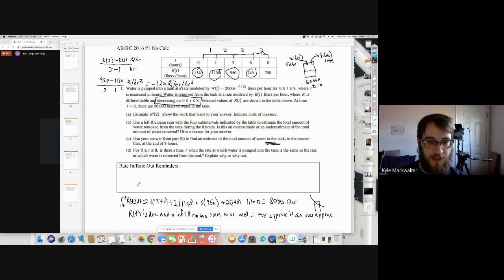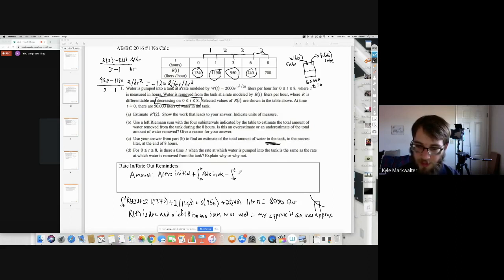So here's our reminder. For these total amount problems, if we're measuring the amount of something, we'll call it A(t). It is going to be equal to the initial amount plus the integral from a to t of the rate in, minus the integral from a to t of the rate out.